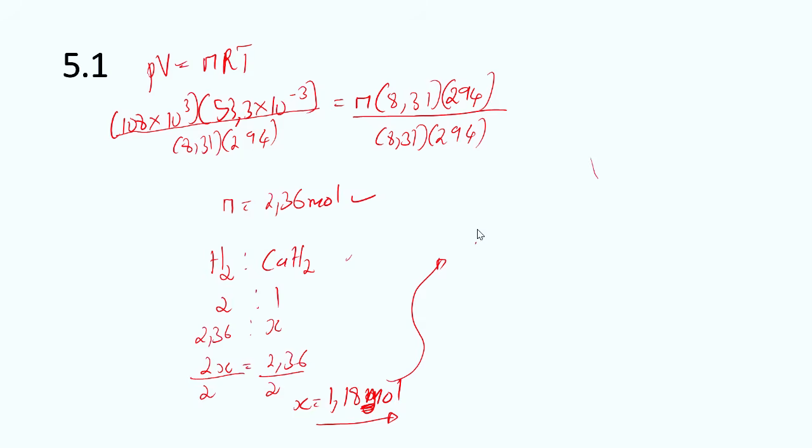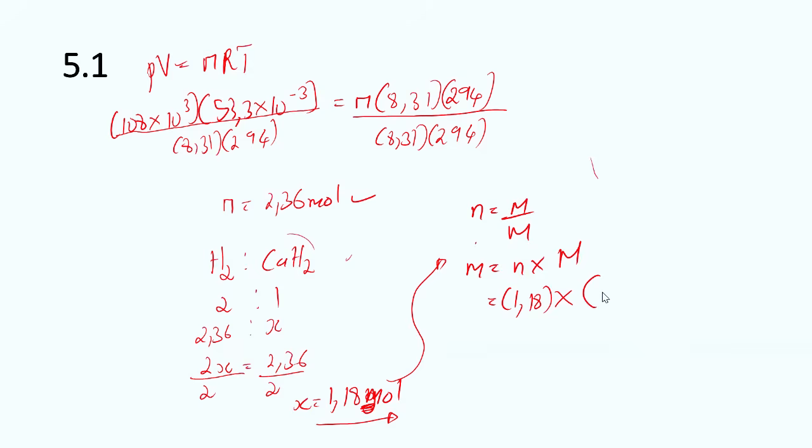And then now we are looking for the mass. So it's n is equals to m over big M. Then mass is n times M. So the number of moles for calcium hydride is 1.18 multiplied by the molar mass. So we have 40 plus 2.